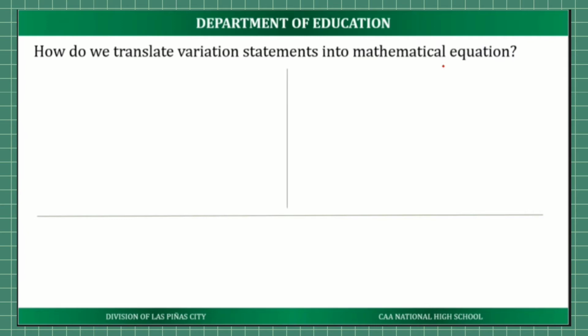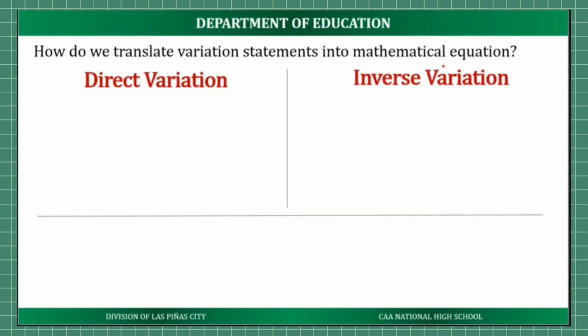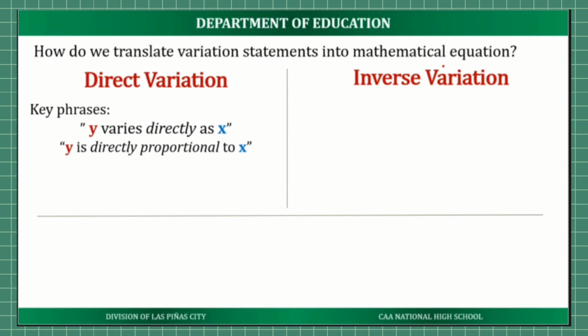So how do we translate variation statements into mathematical equation? So for direct variation, the key phrases na kailangan natin tandaan para masabing direct variation yon ay merong nakalagay na varies directly as, is directly proportional to, and then is proportional to.